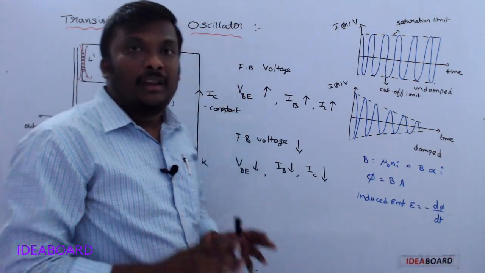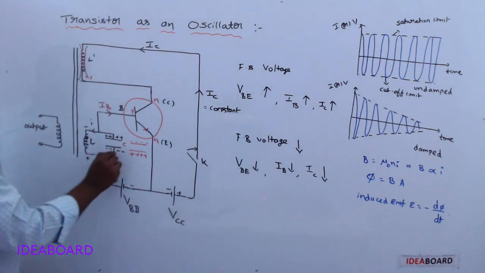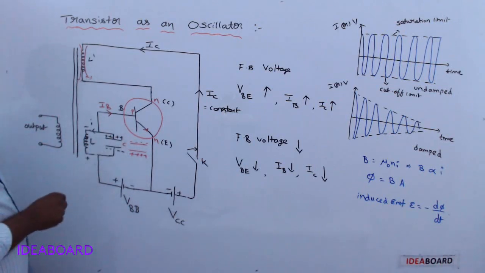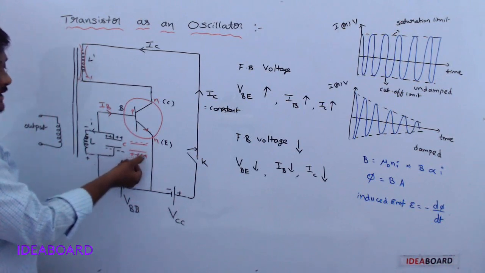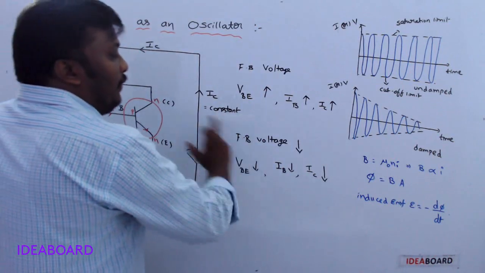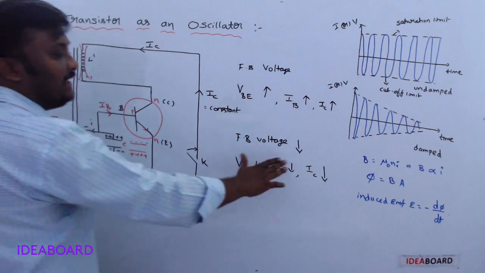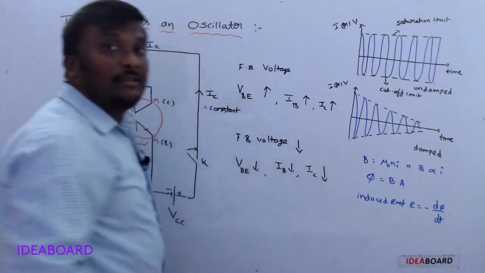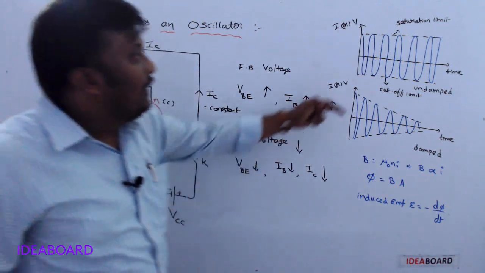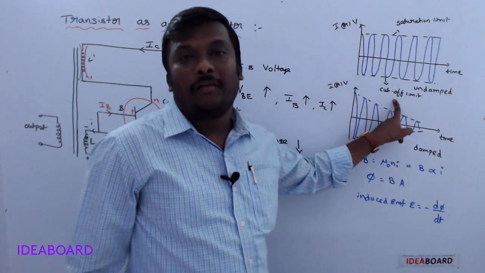Now the capacitor starts discharging. During discharging, the polarities of both plates are changed. Now the lower plate has the positive charge. This makes the forward bias voltage decrease. When forward voltage decreases, VBE decreases, IB decreases, IC also decreases. So IC continuously decreases until it reaches the cutoff limit.